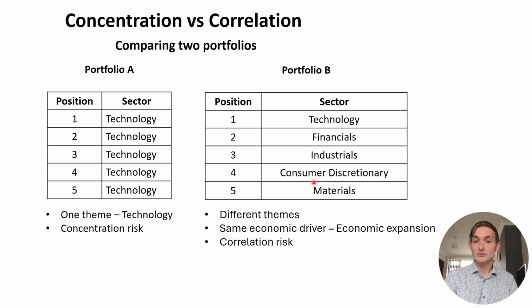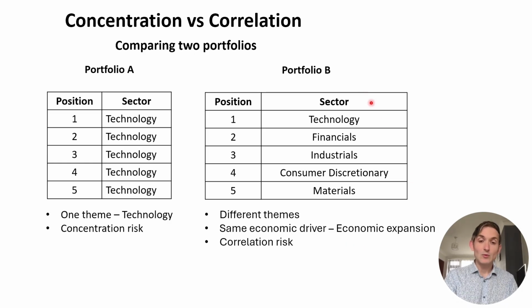In comparison, you've got portfolio B, which again has 5 positions, but this time they are related to 5 different sectors. And the difference is that they are linked to 5 different market themes.